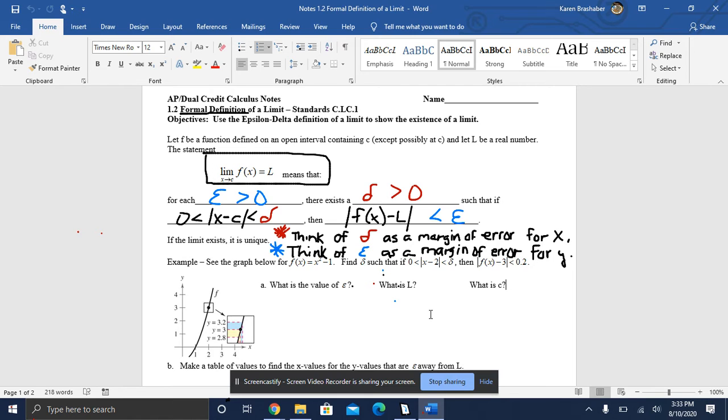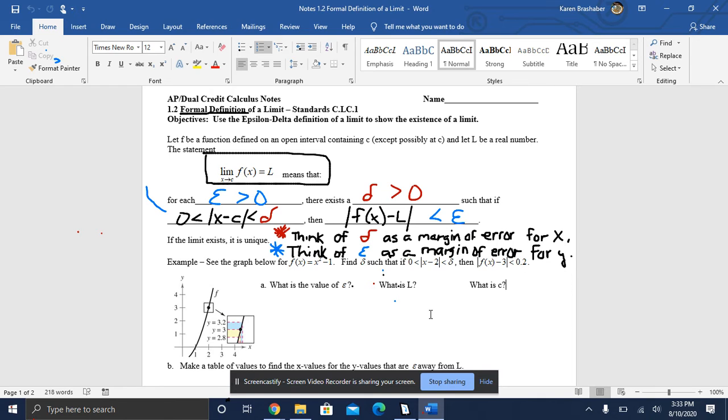And what we're really saying here is that in order for you to accept that we have gotten close enough, for you to say, yes, that's the value for your y, so that's my limit, we need to know how close, how precise we have to get our x to be.